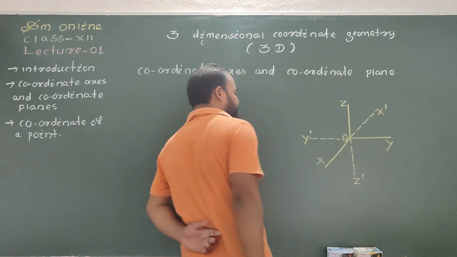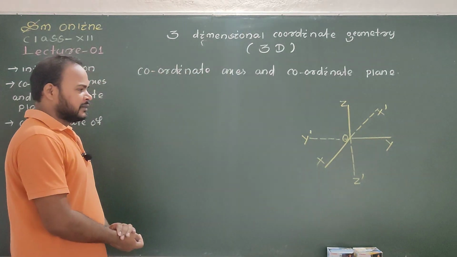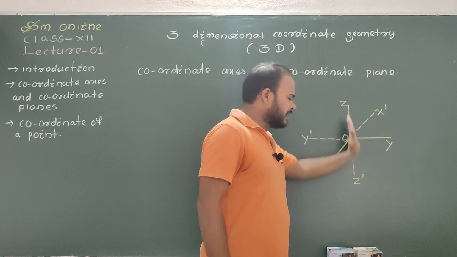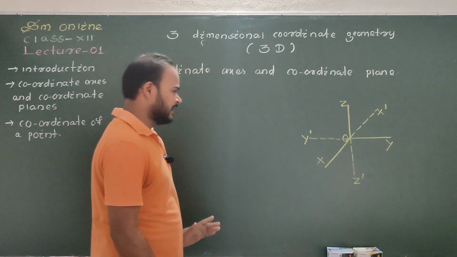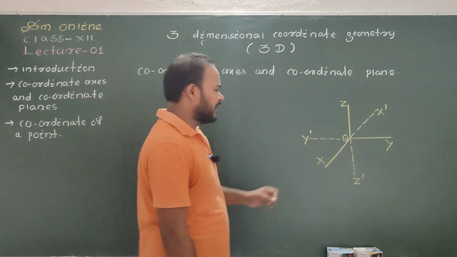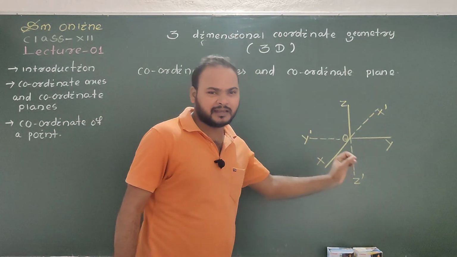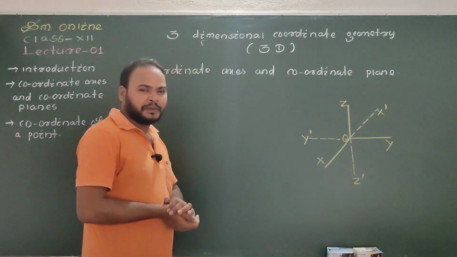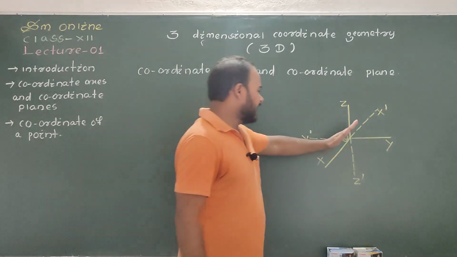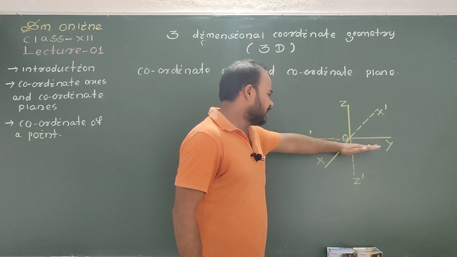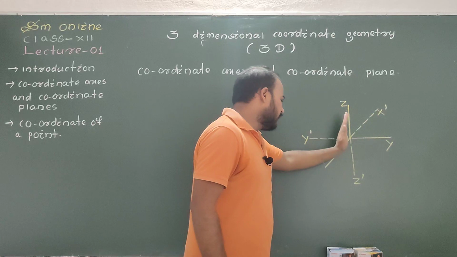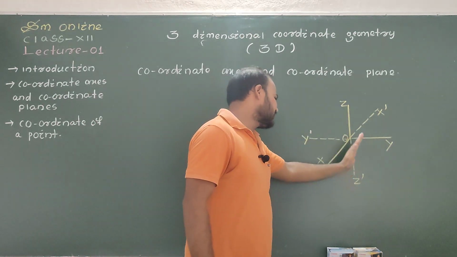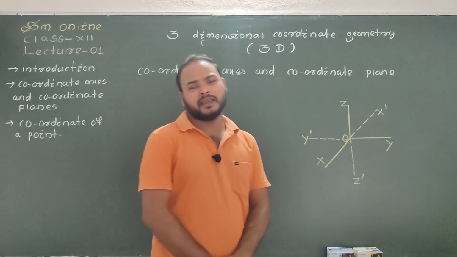z dash. Okay, let us consider three lines, this line and this line, and these three lines are mutually perpendicular lines. That means this line is perpendicular to y o y dash, z o z dash is perpendicular to y o y dash, and z o z dash is also perpendicular to x o x dash.